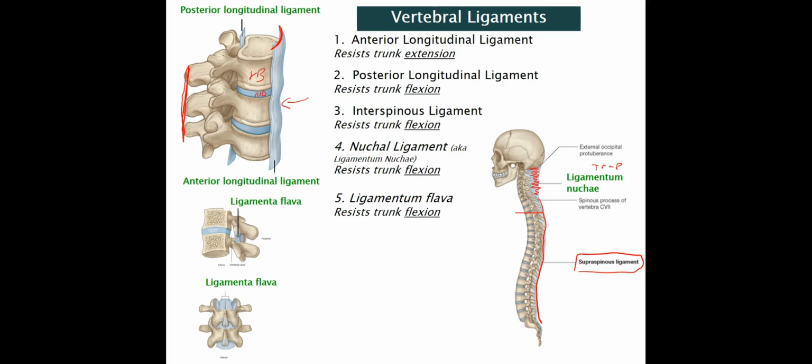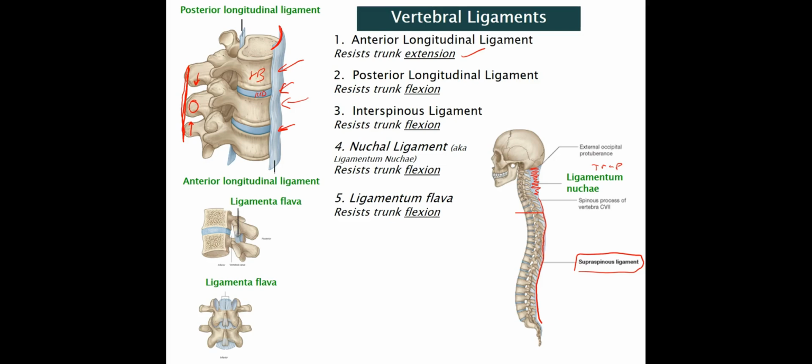Now the implication for this, you can imagine that if one was to extend back, or just extend their trunk, this spinous process, let's say, might go down towards this one, and this one might go up towards this one, and that would put tension on this anterior longitudinal ligament. So during extension, the anterior longitudinal ligament is stretched, therefore this ligament resists trunk extension.